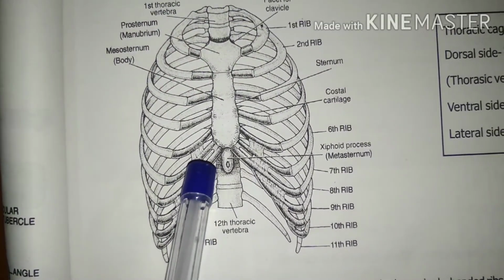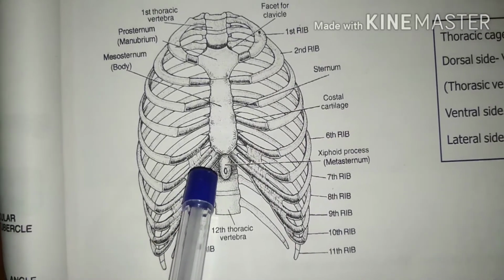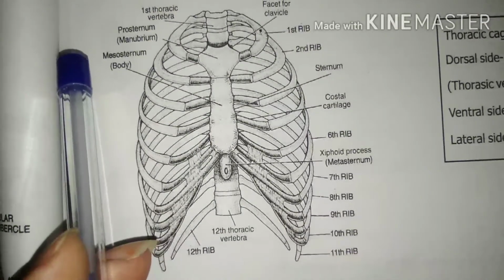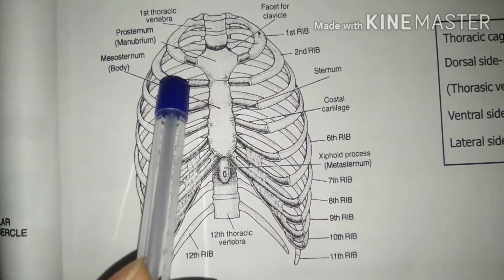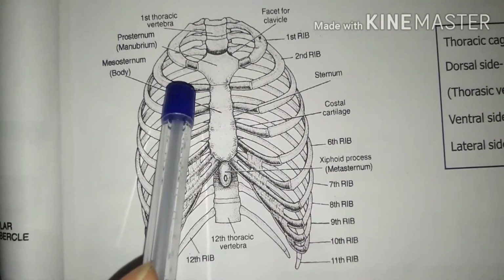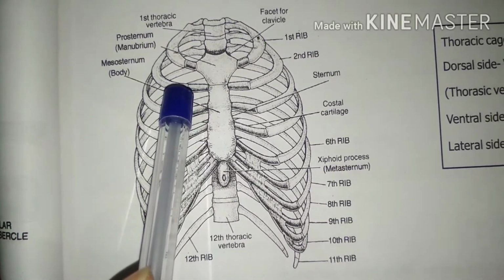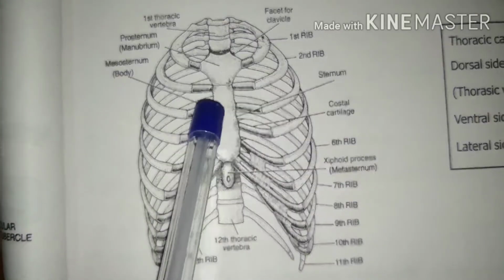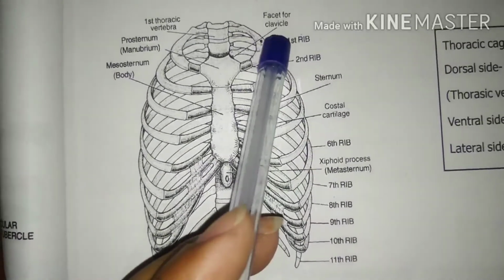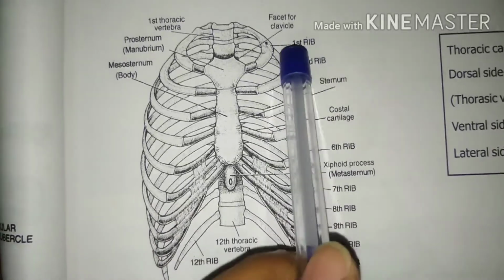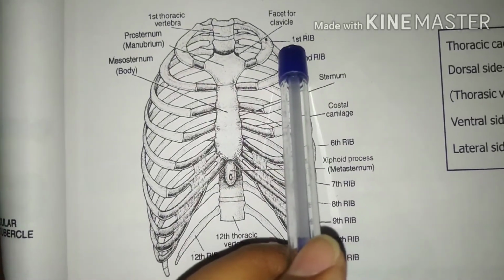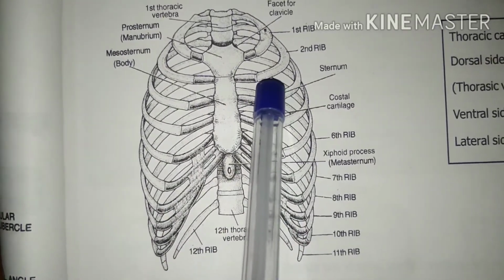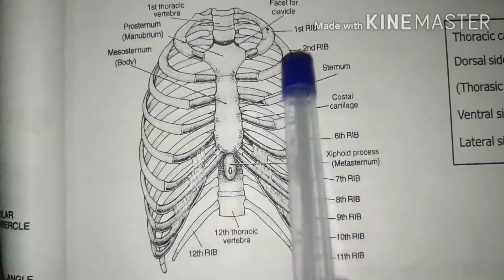On the basis of the cartilaginous part, ribs are of three types. First, true ribs. Second, false ribs, which are also called vertebrochondral ribs. And third, floating ribs. True ribs are 7 pairs, which are attached in front directly to the sternum with the help of costal cartilage.